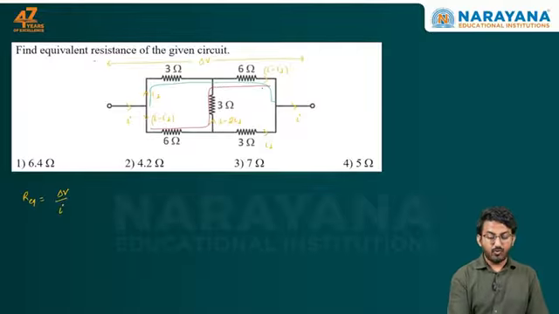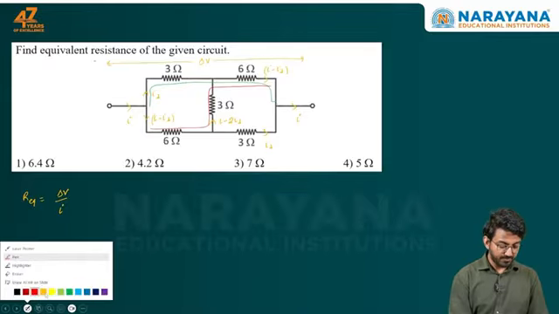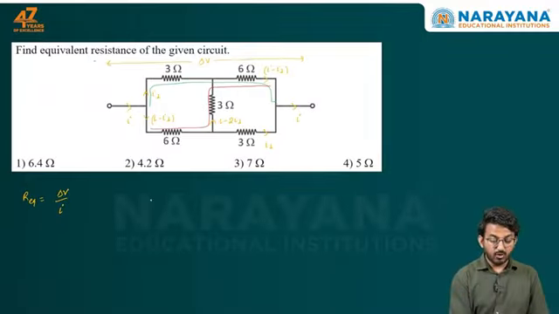Something like that. Why not the lower path? Because again the lower equation and the upper equation are going to be the same because the resistances and currents are symmetric here. So writing the equations further. In the upper path, the voltage drop is going to be IR, so resistance 3 into I1, plus again the drop 6 into I minus I1, and that is going to be equal to total delta V here.